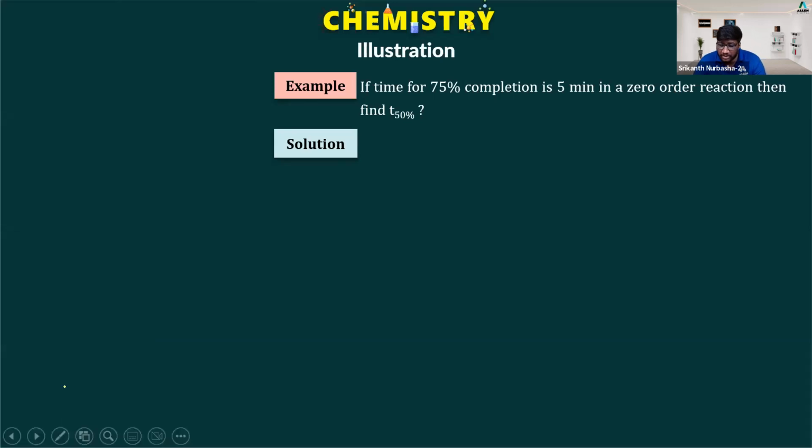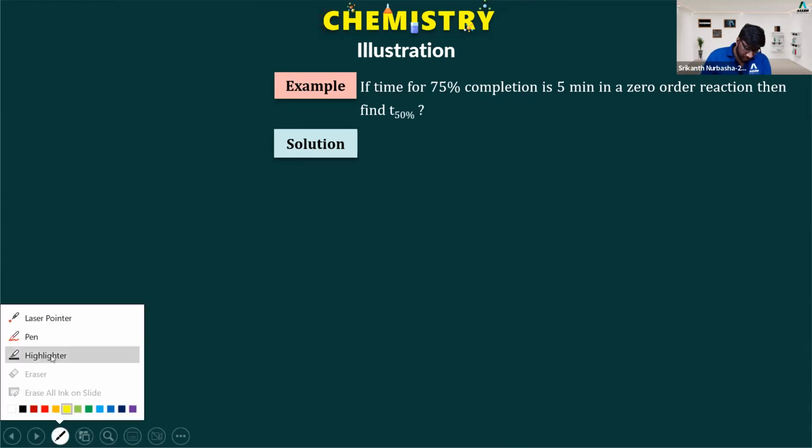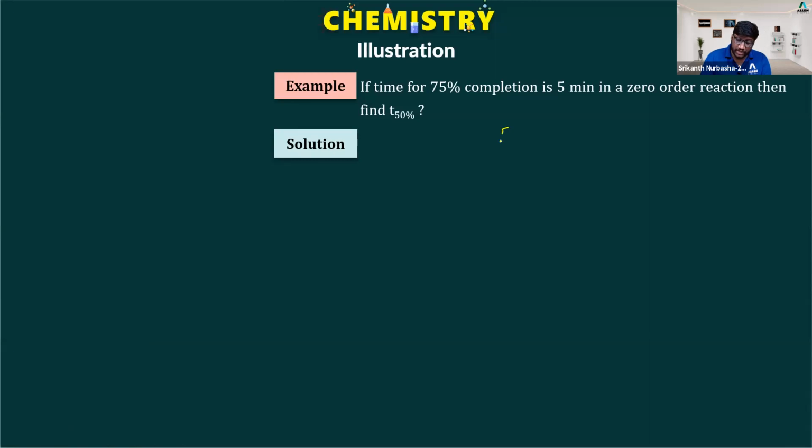If the time for 75% completion is 5 minutes in a zero order reaction, then what is the time for 50% completion? We have the integrated rate equation for a zero order reaction: concentration of A at time t equals concentration of A at time t = 0 minus K into t. 75% completion means how much is left? 25%.